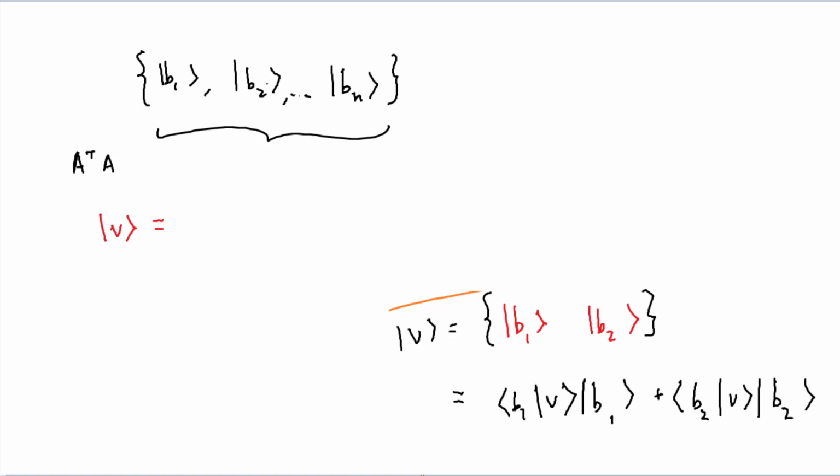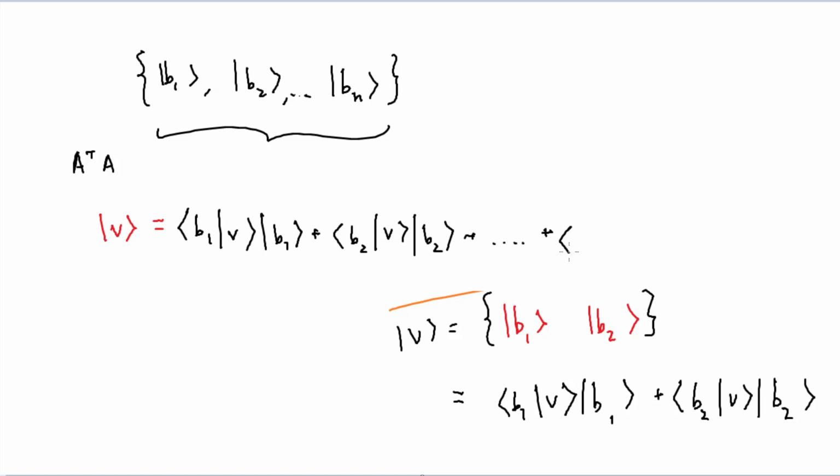Then we can express it as the product of b1 with the vector v times b1, plus b2 with v times b2, and so on and so forth until we reach bn with v times bn. That's how you can solve for the linear combination and express any vector as a linear combination of these basis vectors.